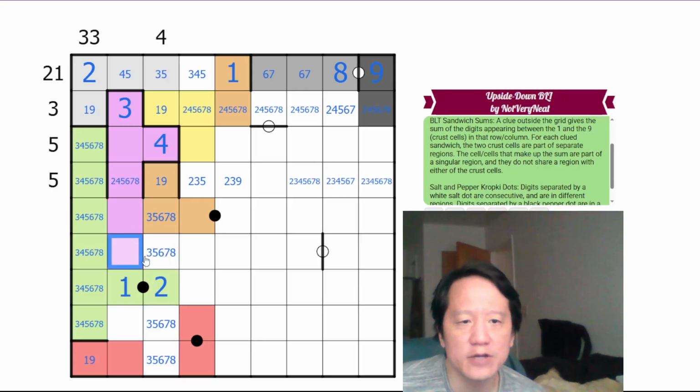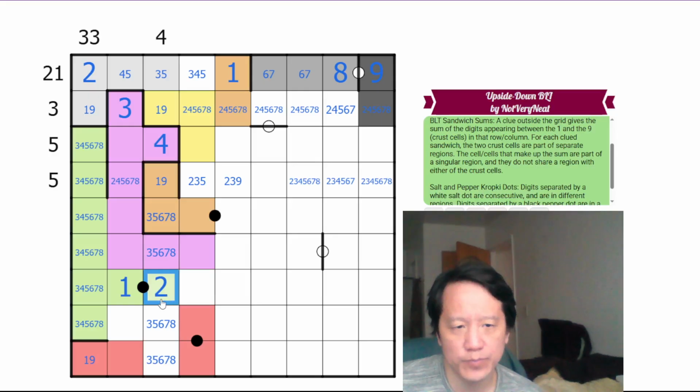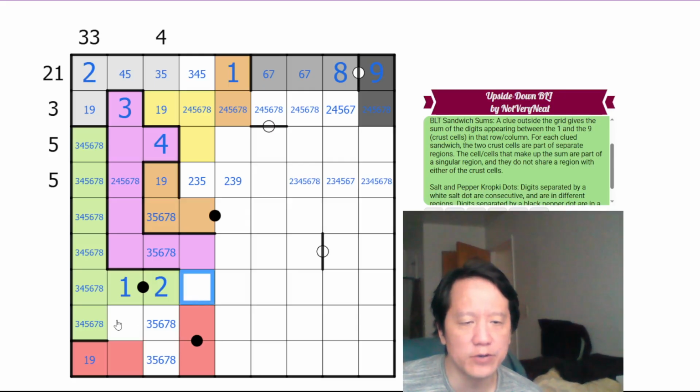Pink has to get out here then. So this is pink. That's 1, 2, 3, 4, 5, 6, 7, 8. And then could go down here. We just know this is boundary here. This is boundary here. And the green could go either here or here. We're not sure which.